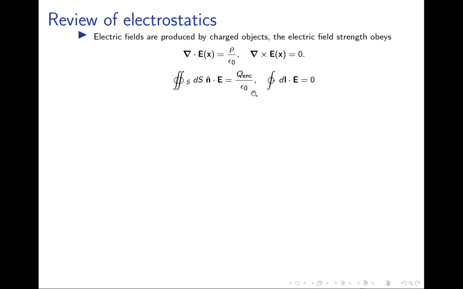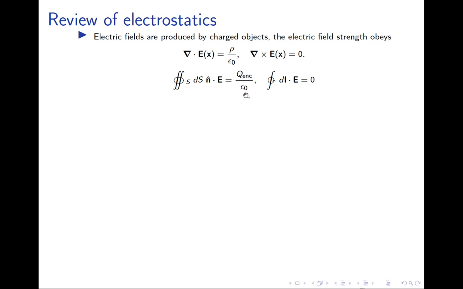I wanted to point out an important fact about the system of units. I already discussed that this epsilon naught appears as a result of using units in which charge has separate units.